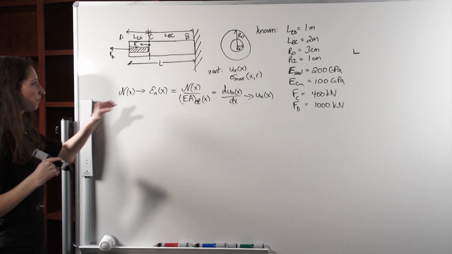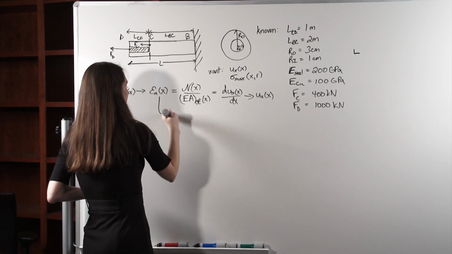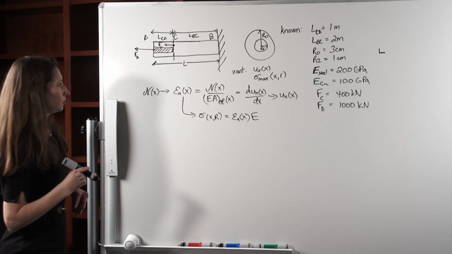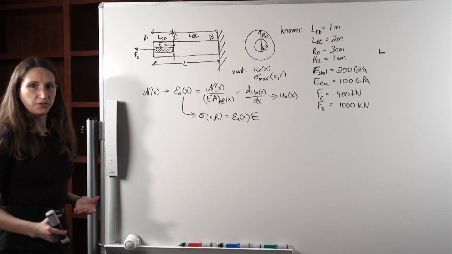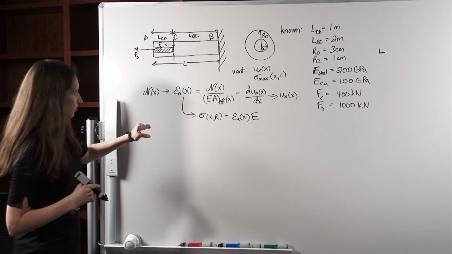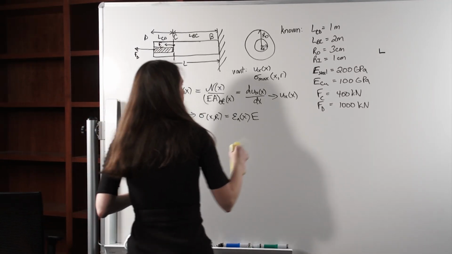Okay, and then from the strain, we can also, of course, find the maximum stress, because we also know that sigma is equal to epsilon axial times E. Okay? Good. So basically, we've finished our problem now. All we have to do is start plugging some things in. So let me just erase this line here so we have a little bit more room. We'll write that down later.